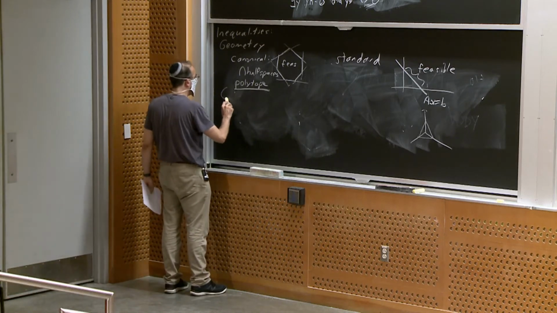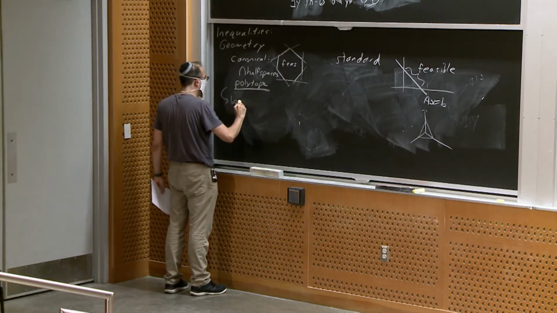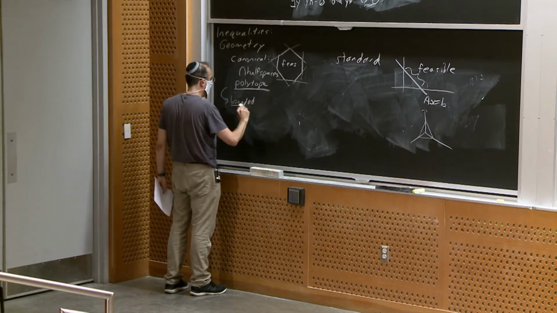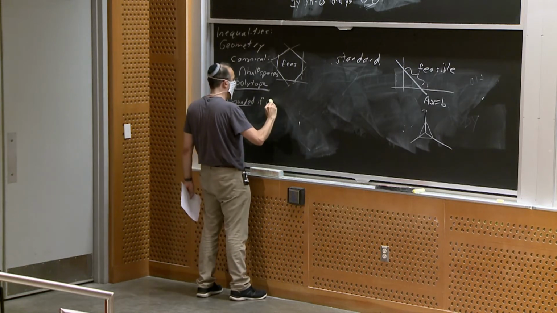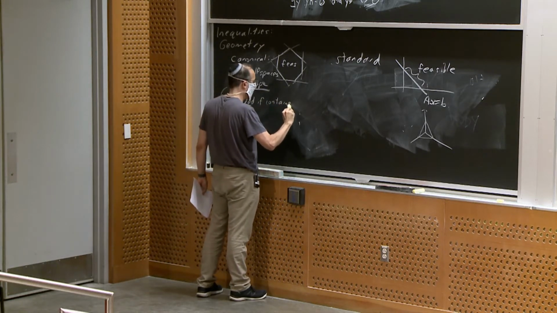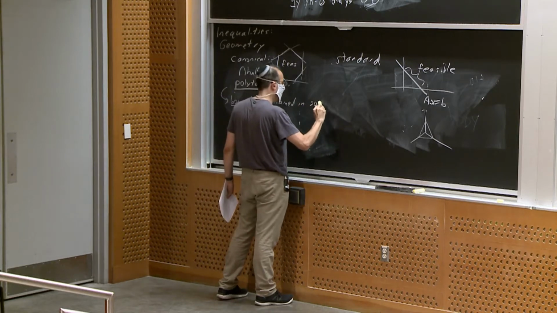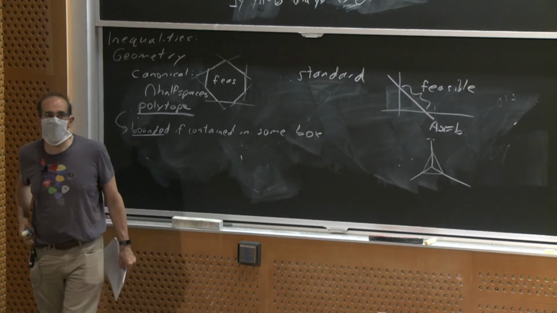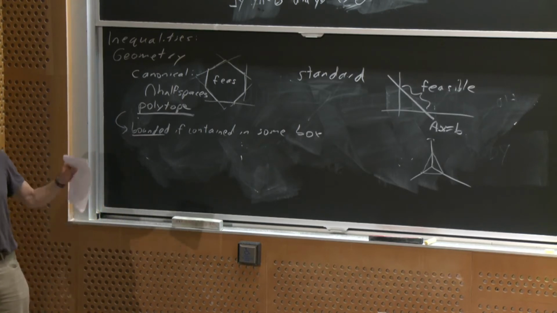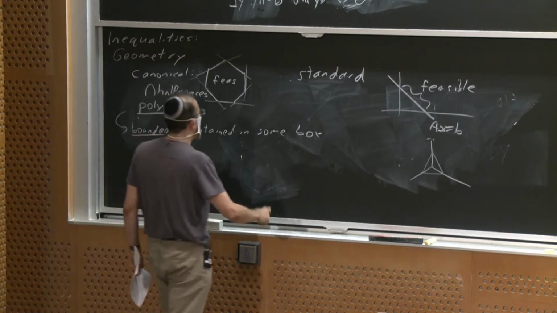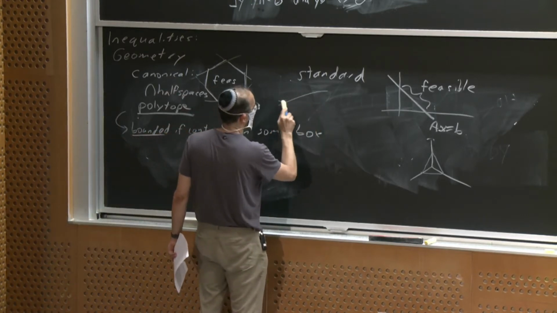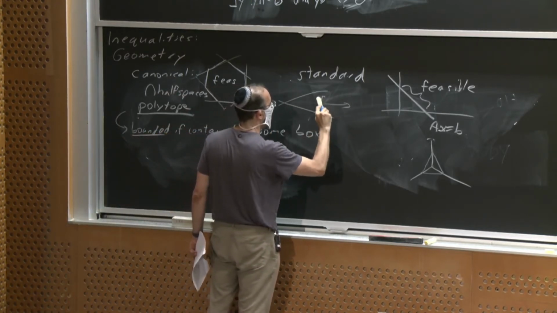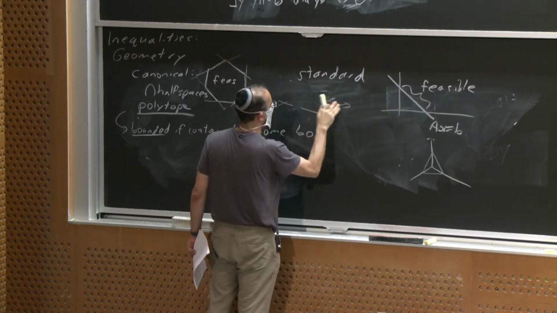Some other definitions. We say the polytope is bounded if it's contained in some box. That is, there's some maximum value for all of the coordinates that are in the feasible set.